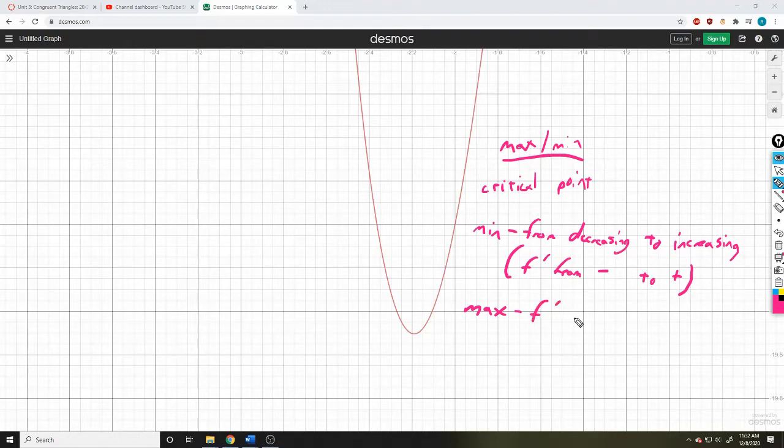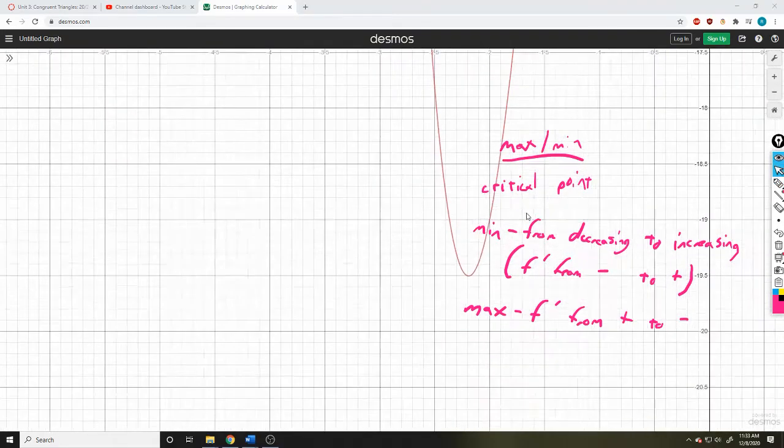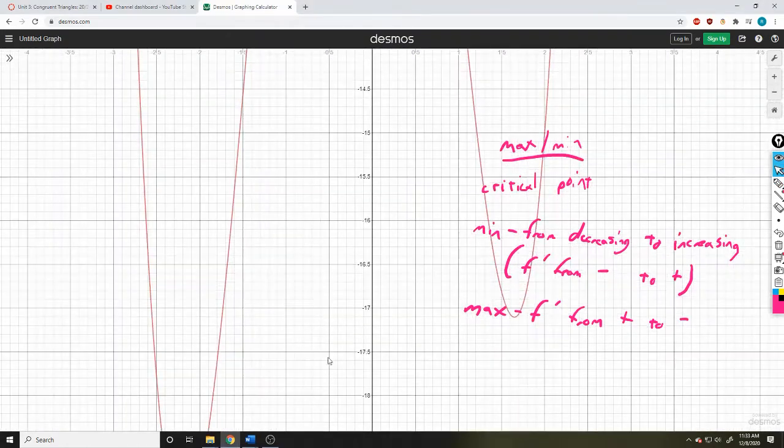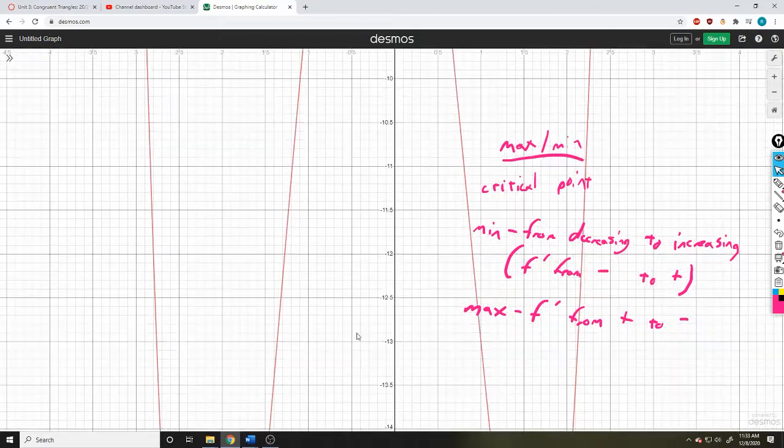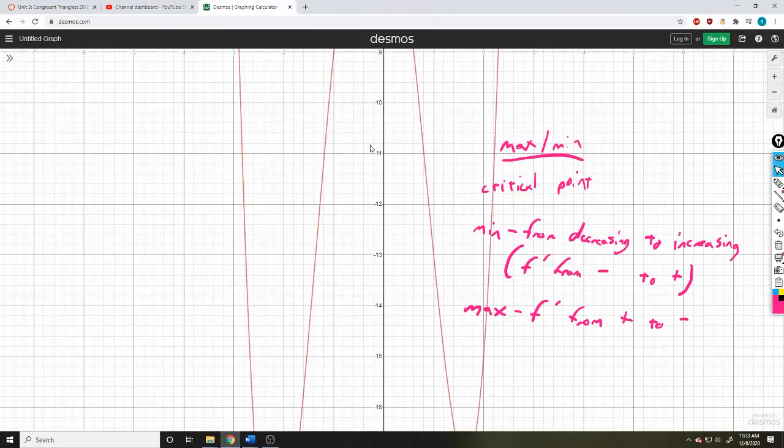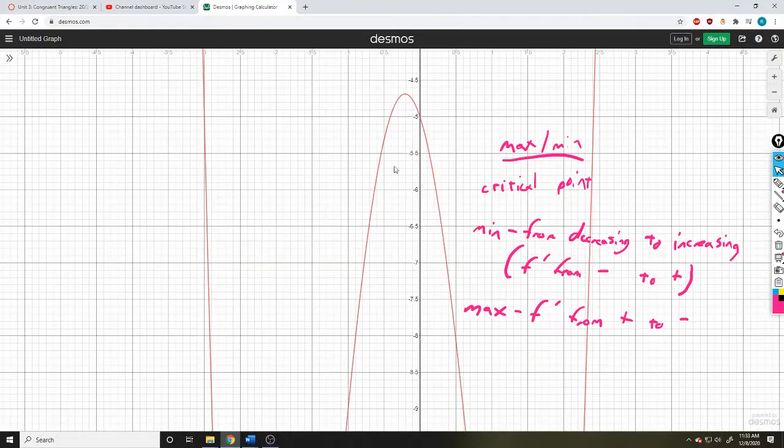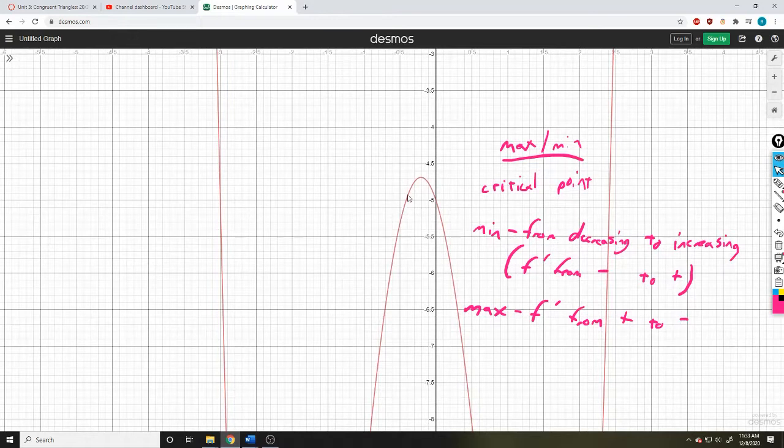F prime would need to change from positive to negative. So I can see that if I zoom over here to my maximum and see that it starts by increasing and then it hits my maximum horizontal tangent, and then it goes to decreasing again.